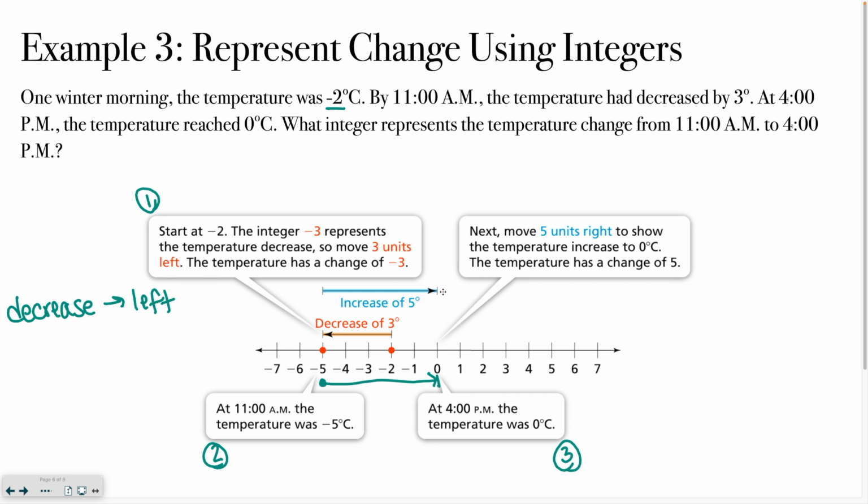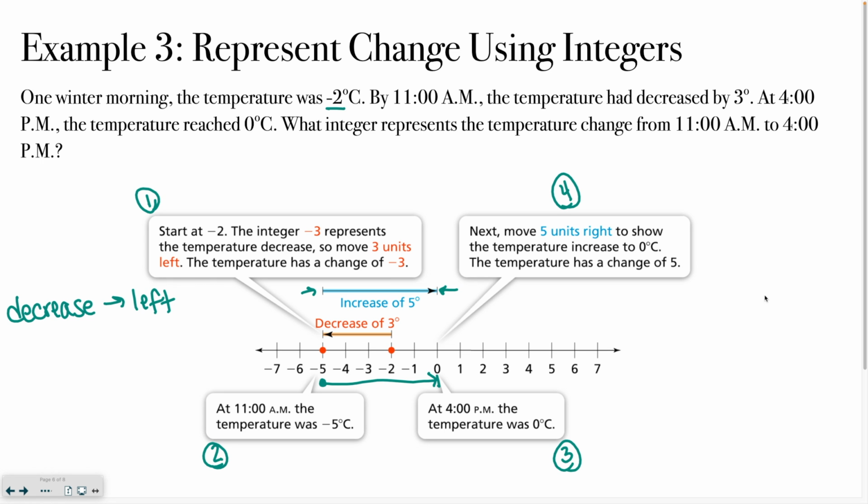Okay, so that's what the blue line at the top is trying to show you. And then you can see that step number 4 counts how many spaces it had to move in order to get to that 0 degrees Celsius. So the temperature has a change of 5.